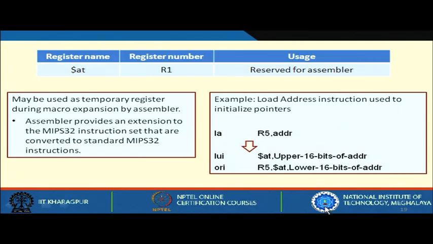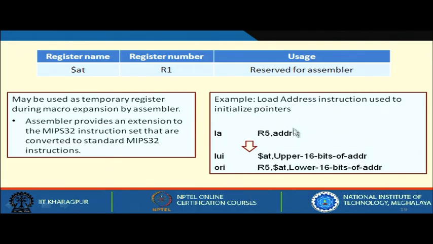Let us see an example. The load address instruction is used to initialize a pointer. That means, in R5 we are loading an address. ADDR is a label from where we have stored some data, and I am loading that particular address into R5.